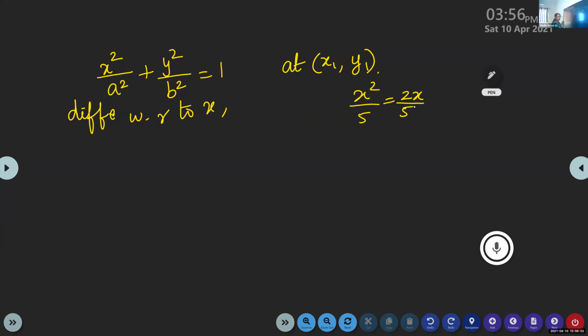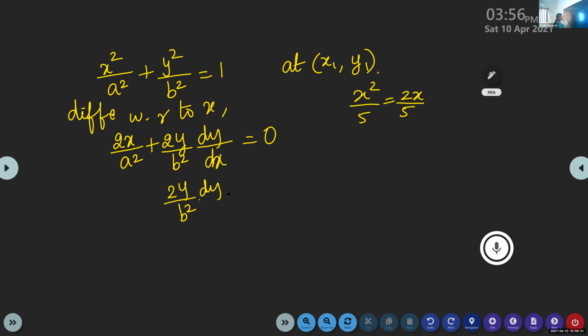The same way here also. Derivative of x square is 2x by a square, plus y square by b square. If you differentiate, 2y by b square, whenever we differentiate a y term, we should write dy by dx. The derivative of 1 is 0. So 2y by b square into dy by dx is equal to this positive term. If you take it to the other side, you will get minus 2x by a square.